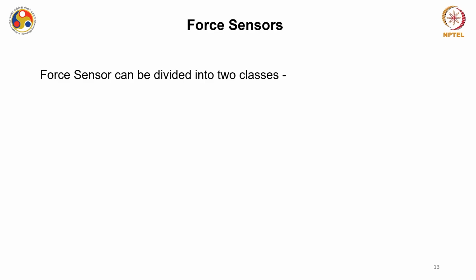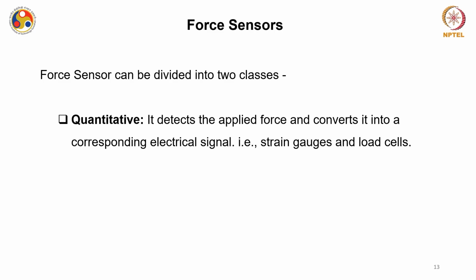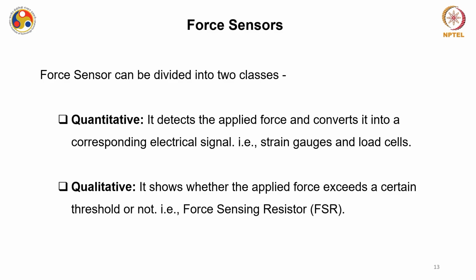These micro force sensors are basically divided into two different classes. One is the quantitative force sensors. These detect the applied force and convert it into a corresponding electrical signal, for example, a strain gauge or load cells. Then you have qualitative force sensors. They show whether the applied force exceeds a certain threshold or not.